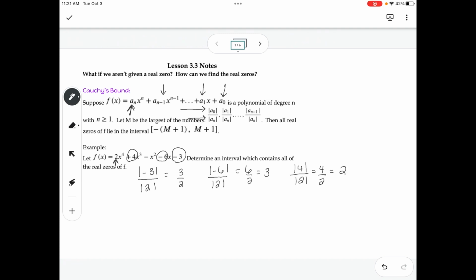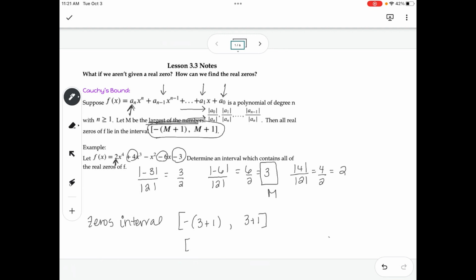Now I'm going to look for the largest of those numbers. That's what we get to use. 3 happens to be the largest number, and this gets to be our m value that we put into the interval formula. My zeros are going to be in the interval between the opposite of our m value minus 1, and our m value plus 1, included.